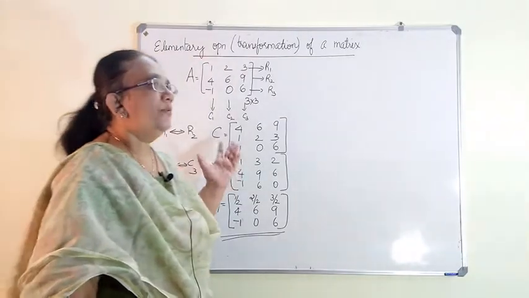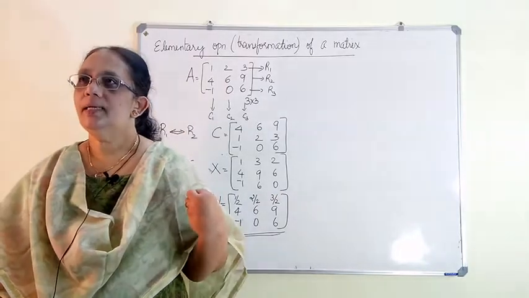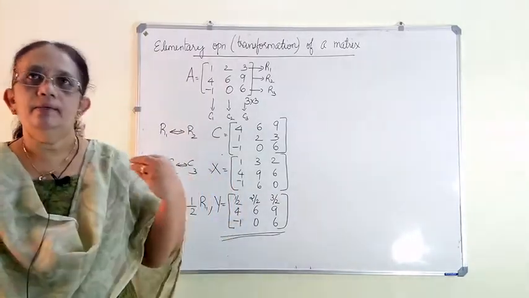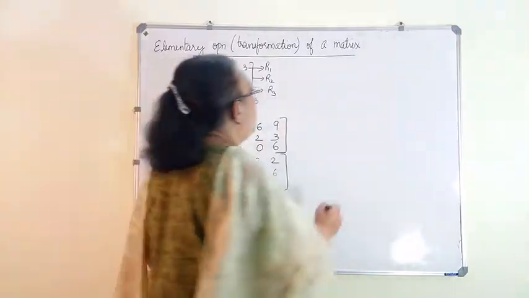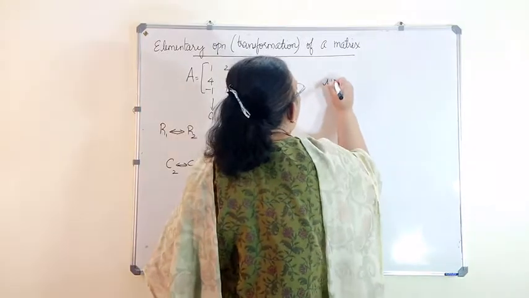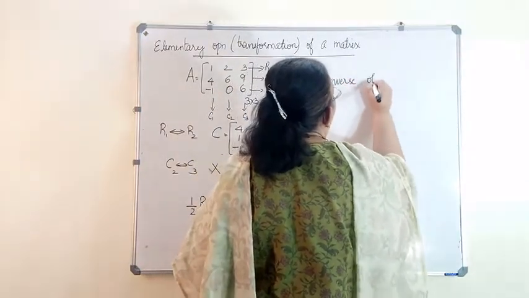Now, what is the use of this transformation of matrices? Because transformation means it has an application. What is the application? The application is you can find the inverse of the matrix.